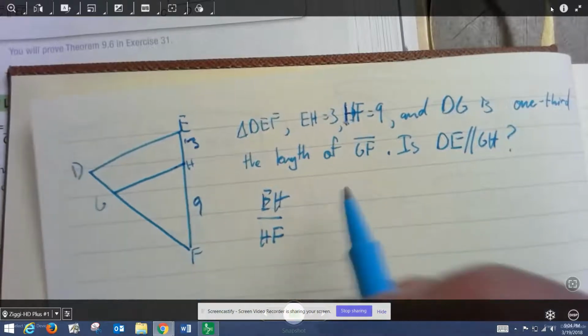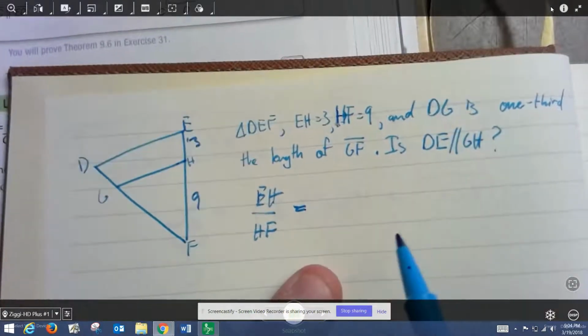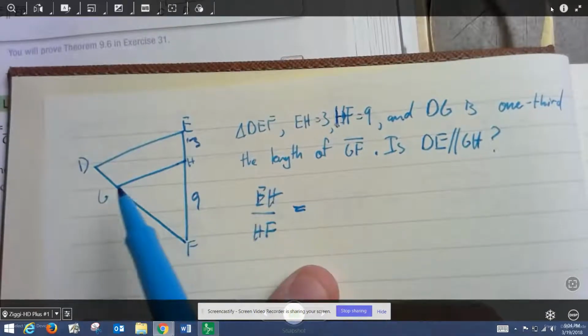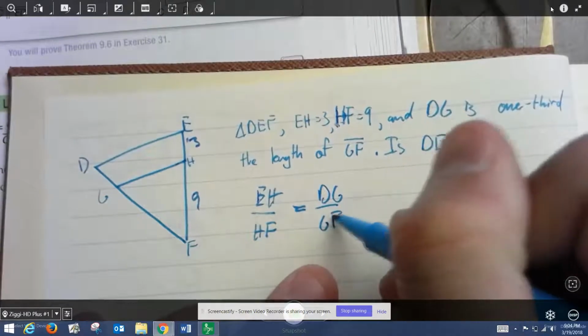So EH to HF should be proportional or equal to the ratio that DG and GF makes. DG over GF, right?